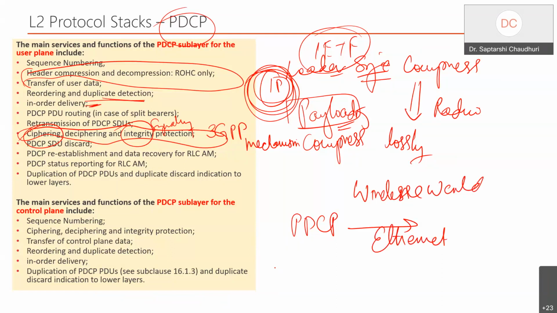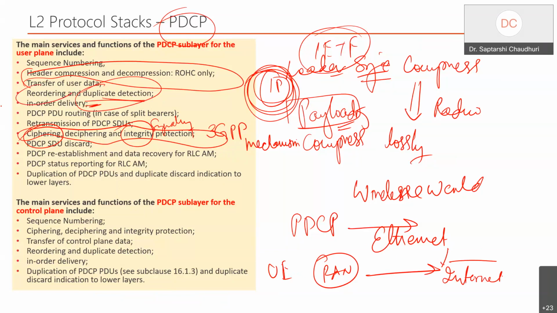So if it is uplink from the device, it goes to the base station, and from there it enters the Ethernet world before it hits the internet. So we also put this duplicate detection and reordering. Whatever you see in some part of the RLC, the same thing has been copied here, but in a different form factor. But these are the two big aspects of the PDCP.